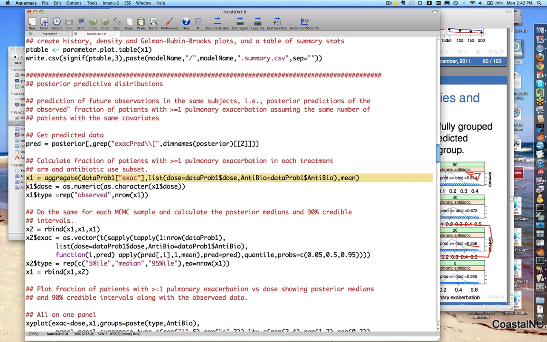By the way, this is for the observed data in this line. So it's grabbing that, and that was in a data frame called data prob 1. It takes the exacerbation column, tells it break it up by dose and by antibiotic use, and calculate the mean. When you take a mean of 0, 1 binary data, it actually gives you the fraction that have values of 1.